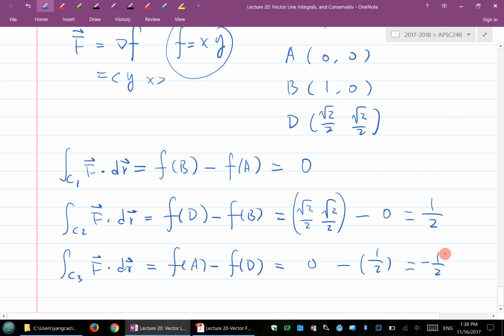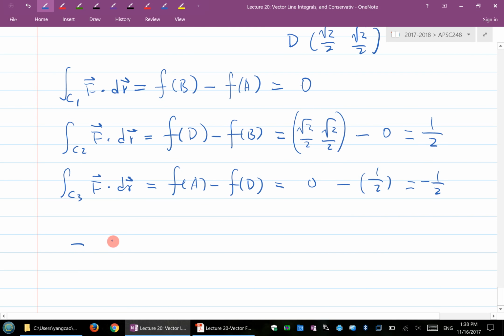It's a little redundant, but it just shows you can use the fundamental theorem of calculus to prove that within a conservative field, the line integral over a closed curve is 0. So that's actually one of the comments here.